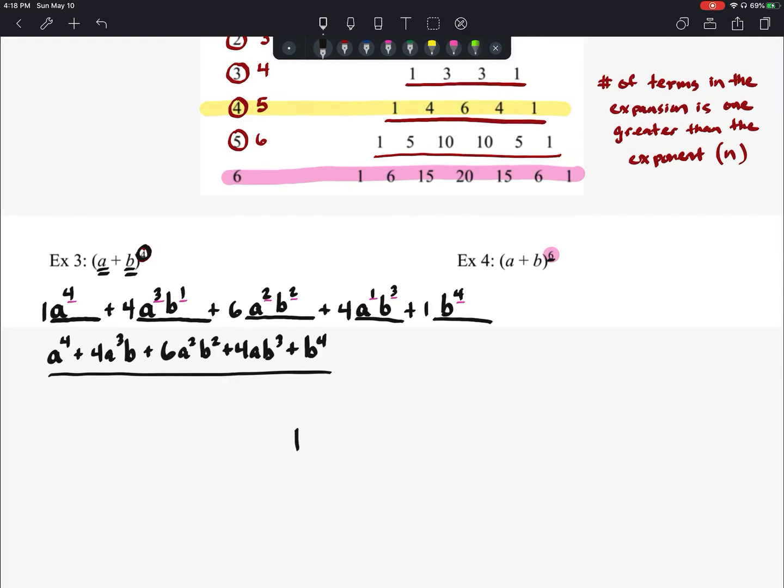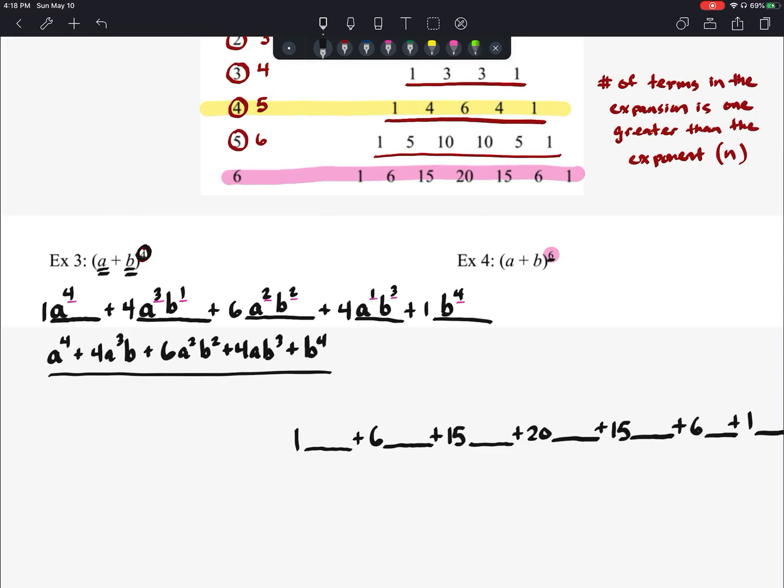It's going to go like this. We're going to say 1 times something plus 6 times something plus 15 times something plus 20 times something plus 15 times something plus 6 times something plus 1 times something there.